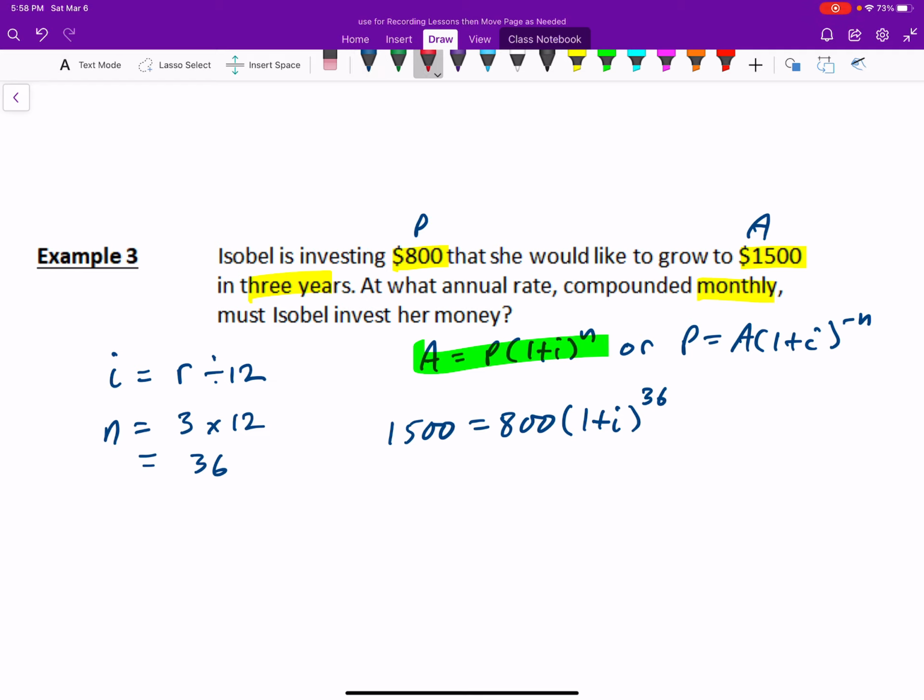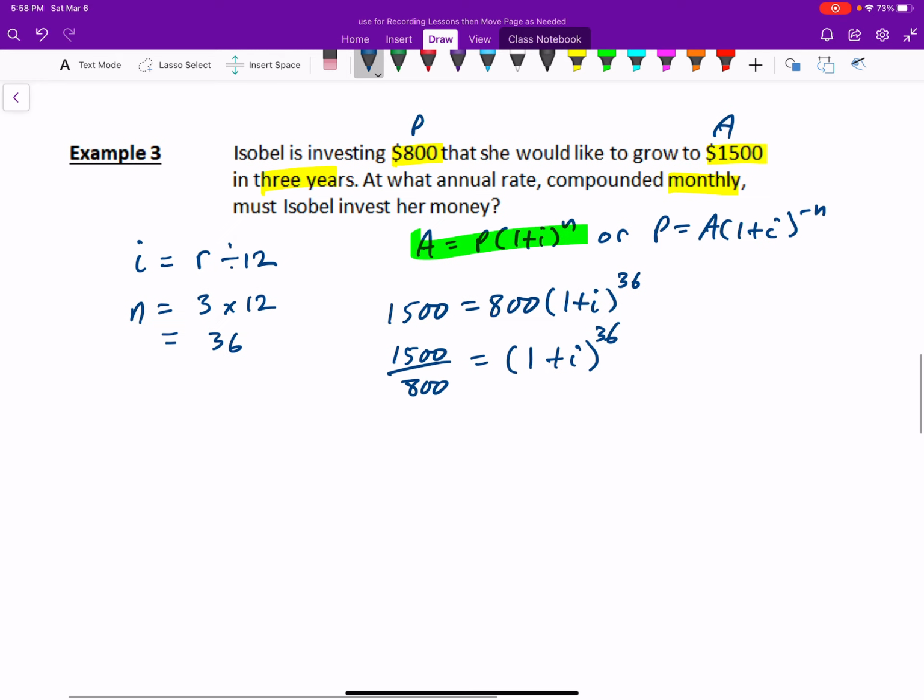So I just isolate I by working backwards, doing opposite operations in the opposite order. So I'll have 1,500. I'll divide both sides by 800. And then I will end up taking the 36th root of each side.